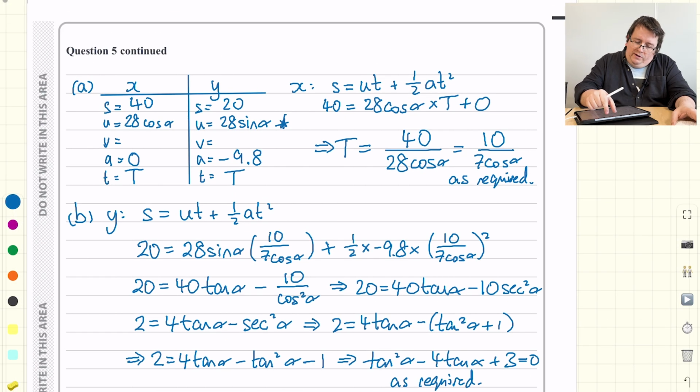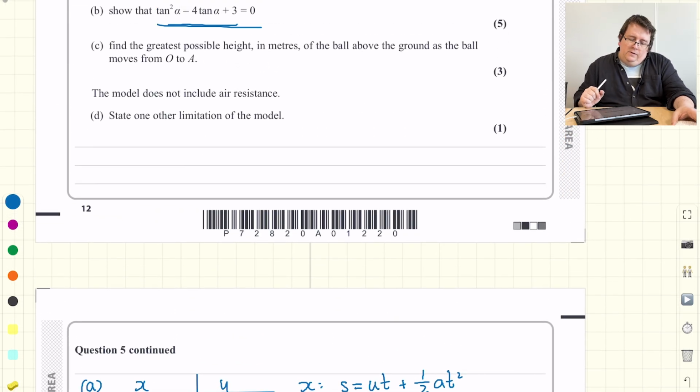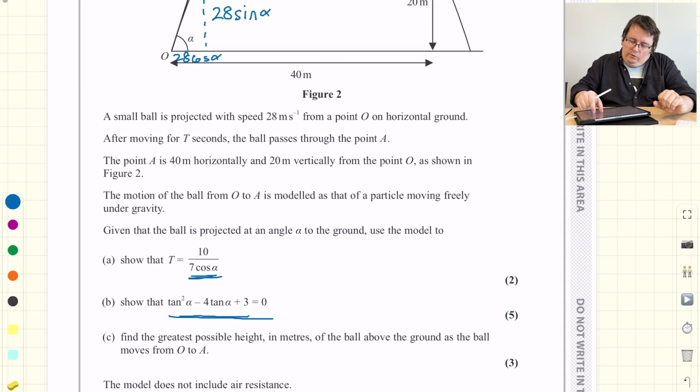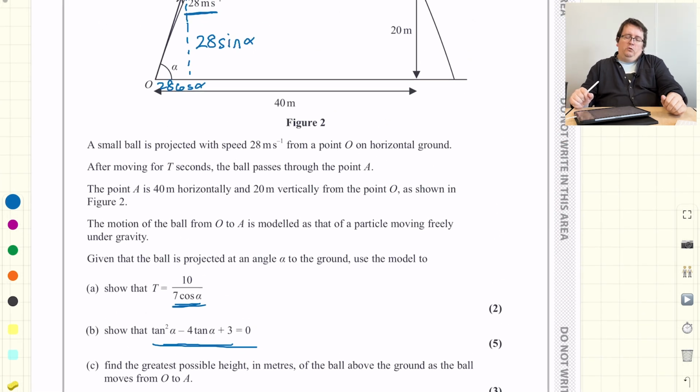Okay, right, there was one little bit more. The model does not include air resistance. State one other limitation of the model. Okay, well, remember we're modelling a small ball being projected. And we modelled that as a particle, which meant that you could ignore the spin of the particle.